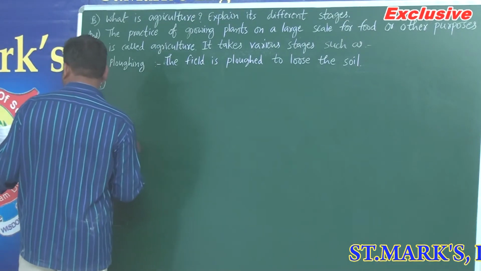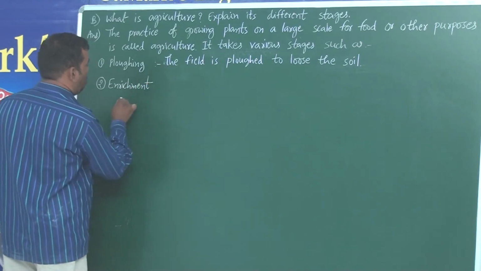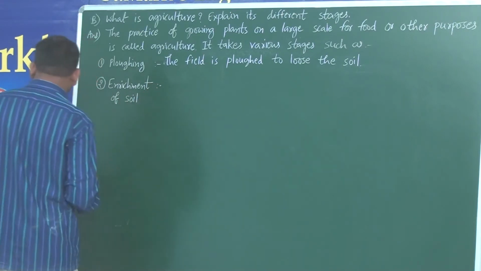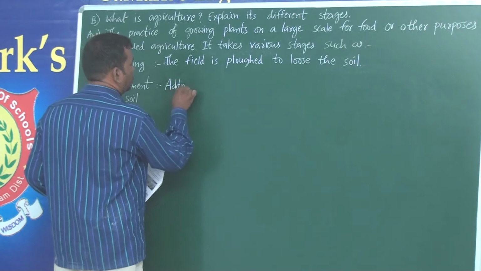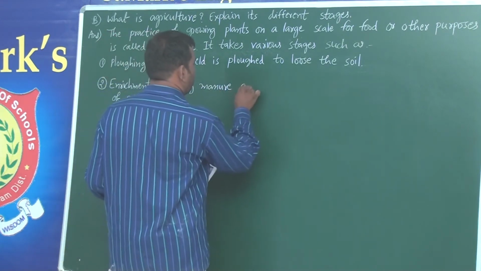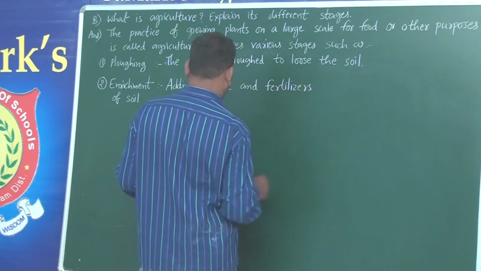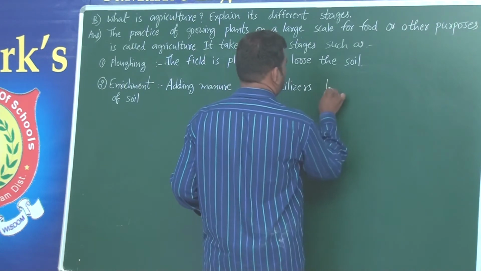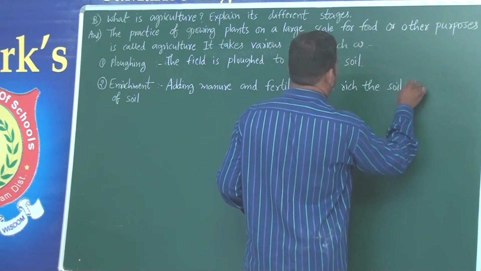then the second is enrichment of soil. Adding manure and fertilizers is called enrichment of soil, to make the soil rich.